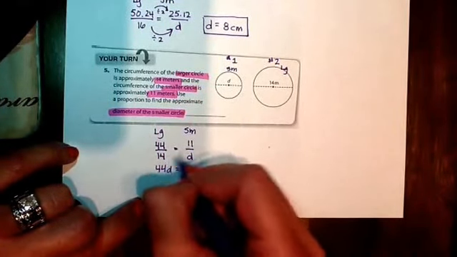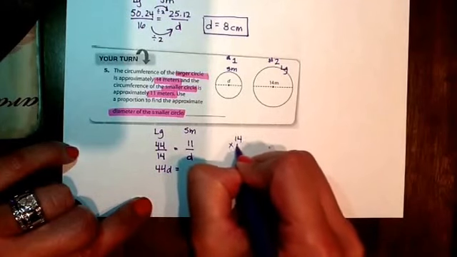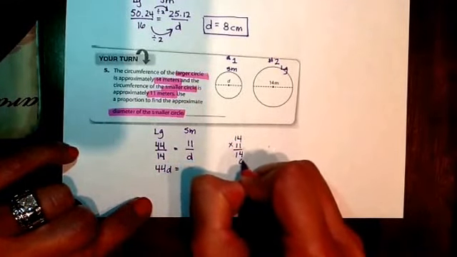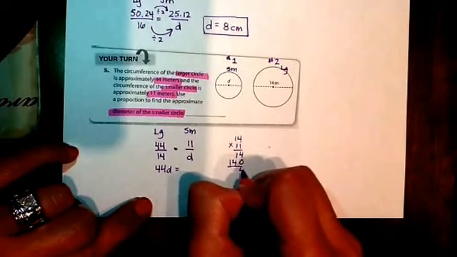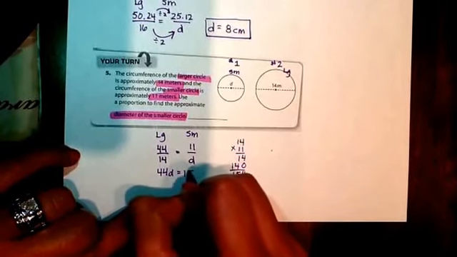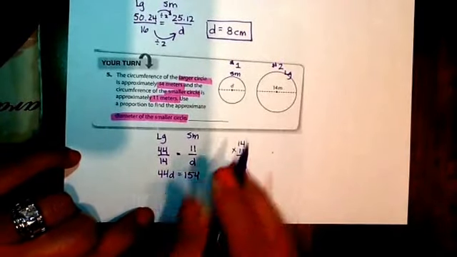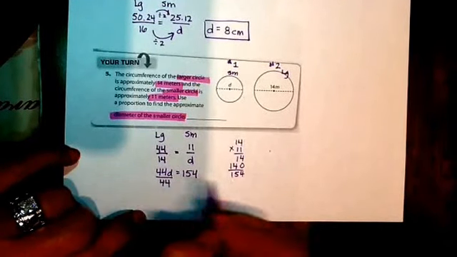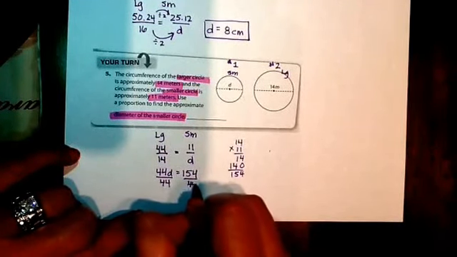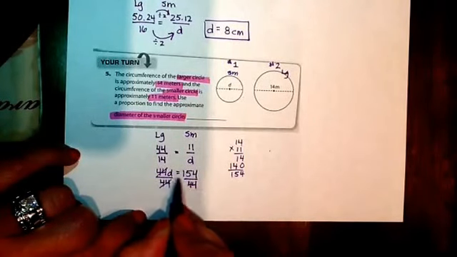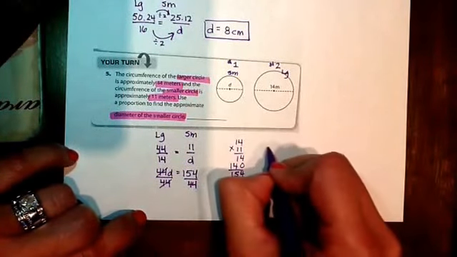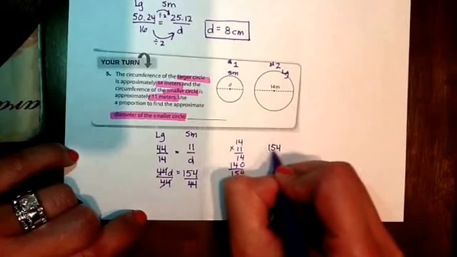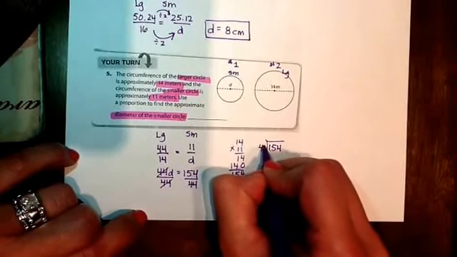And then you can multiply 14 times 11. You will get 154. We're looking for D. We want D all by itself. I have to get rid of that 44, so I divide both sides by 44. D is going to equal 154 divided by 44. So I'm going to do that math over here.